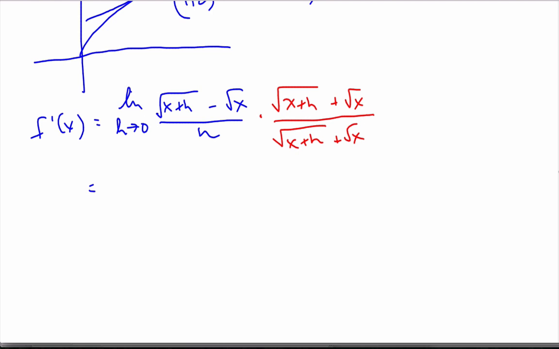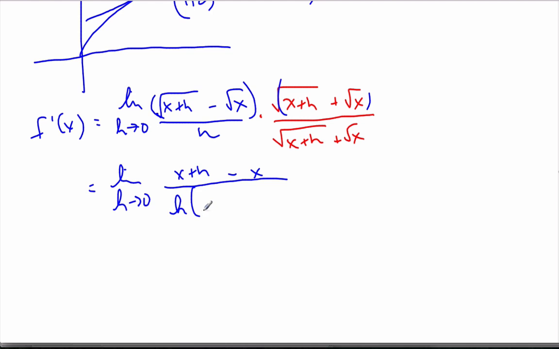So when I multiply by the conjugate, as h goes to 0, I get x plus h minus x when I multiply these two here, because the middle terms cancel out. And the bottom will be h times (square root of x plus h plus square root of x).